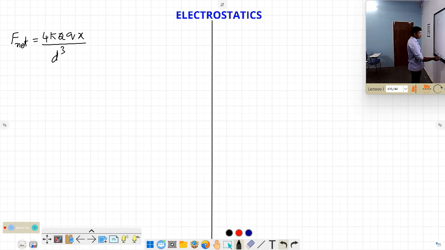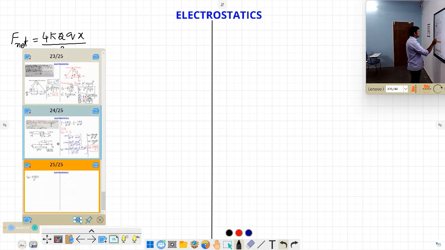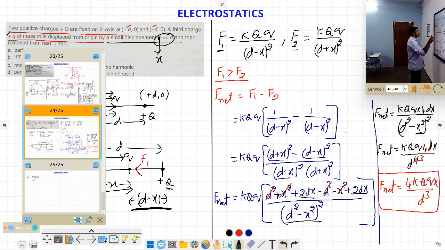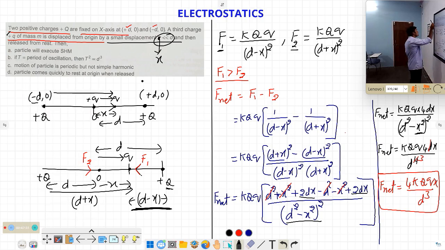And if you see the question, what is the question given? The question is based on the particle executing SHM. If T is the time period of oscillation, then T square is proportional to d cube. Motion of the particle is periodic and simple harmonic. The particle comes quickly to rest and oscillates when released. All these terms are related to simple harmonic motion.